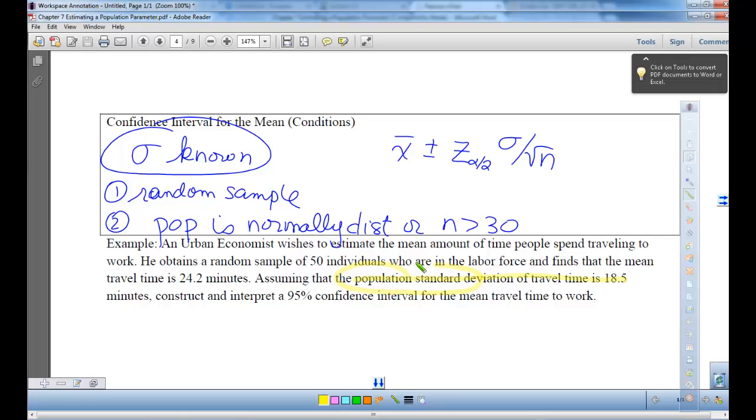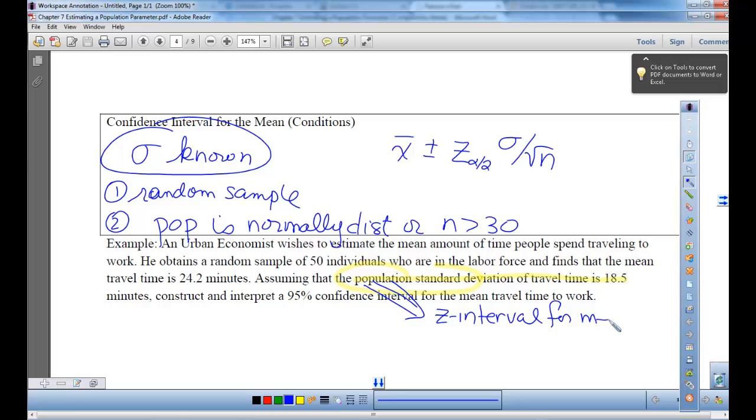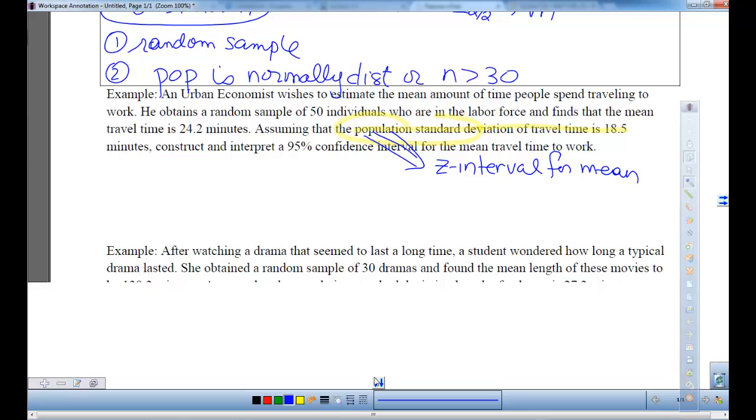So when I hear population standard deviation is known, then I know I'm going to do a z interval for the mean. That's my cue. If we wanted to, we could, by hand, use the formula for the confidence interval: x bar plus or minus z alpha over 2 times sigma over the square root of n.